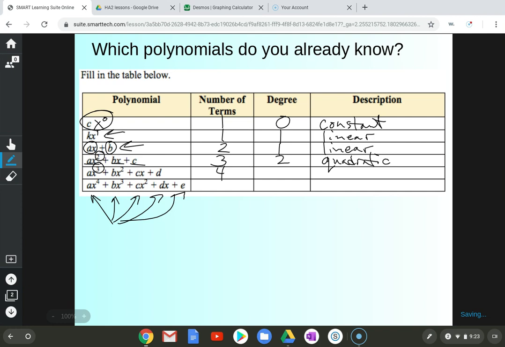The highest exponent is 3, so the degree is 3, and we call this function cubic. The last one, we have 1, 2, 3, 4, 5 terms. The highest exponent is 4, and we would call this function quartic. If we had a 5th degree, it'd be quintic, and so forth.